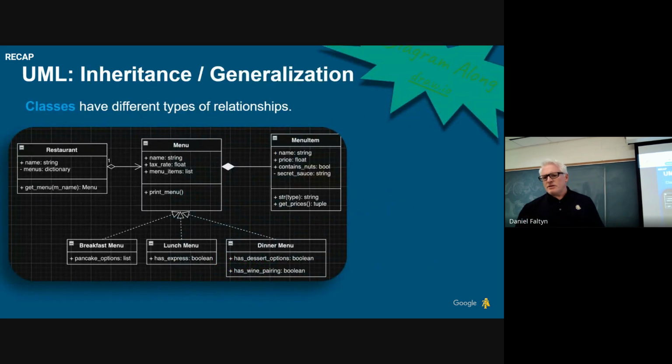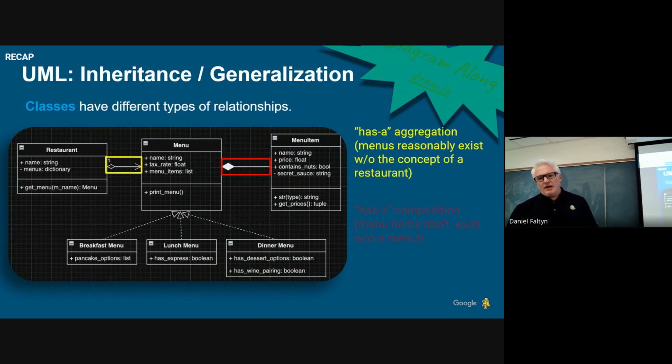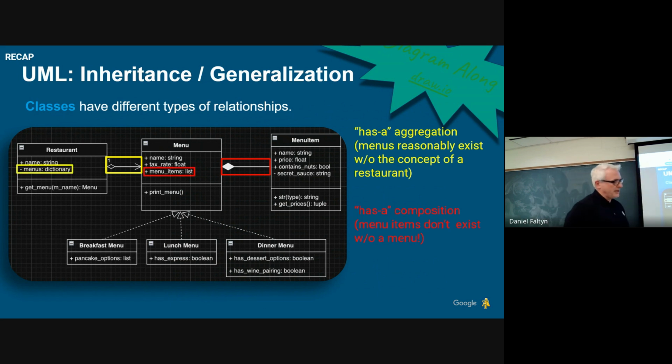All right, then we started looking at how those classes interrelate with each other. And the first two relations we talked about were the has-a relationship. And I refined that a little bit. I'm just more interested that you retain the has-a concept. So a menu has menu items, a restaurant has menus.